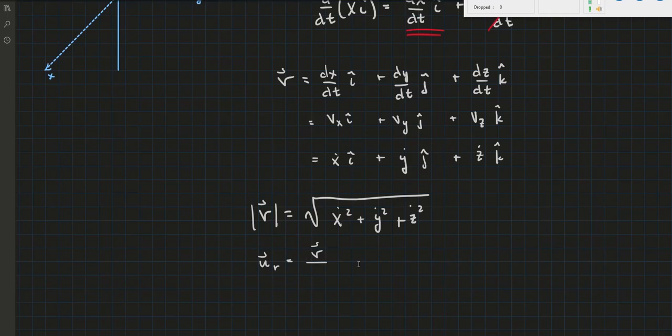So it's in the direction of v over the magnitude of v. And this is always tangent to the path, as we showed before, tangent to path.